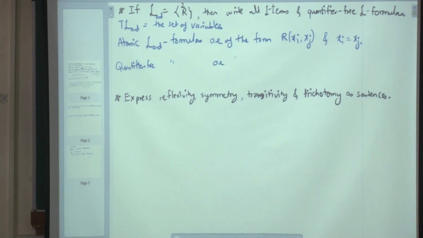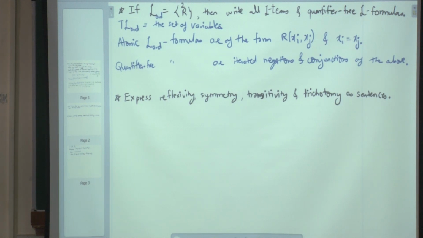Iterated negations and conjunctions of the above. So you can't really express much. If you are working in natural numbers with respect to order relation, you can just say, well, one number is less than another, or it is equal, or it is not the case that this happens, and maybe two of them happen simultaneously. But sentences give us a lot of power. Once we start using quantifiers, we can express a lot of complicated things.